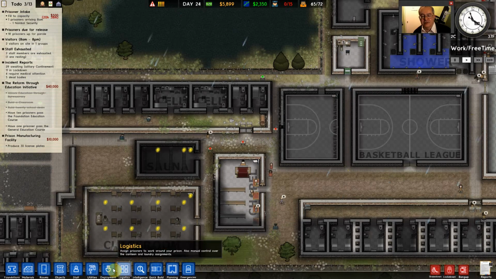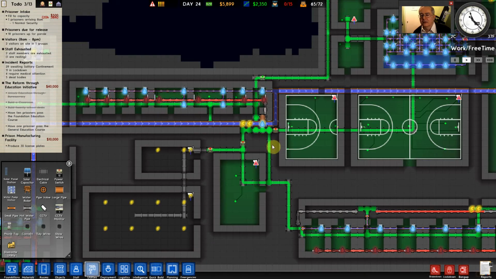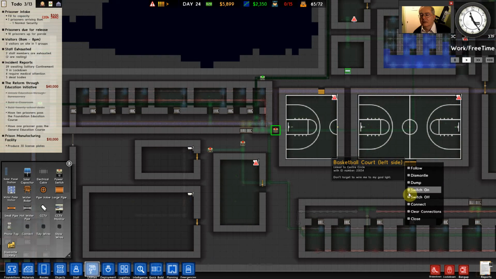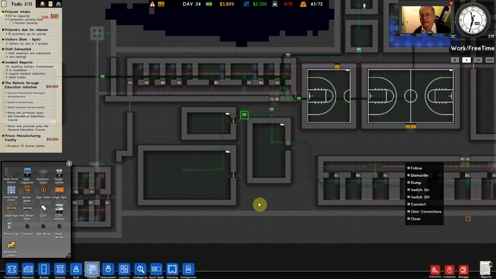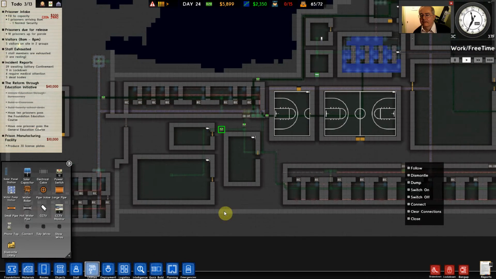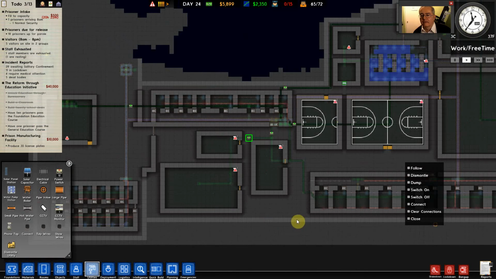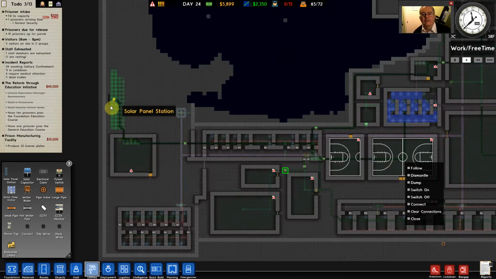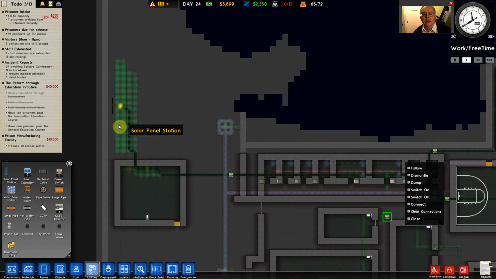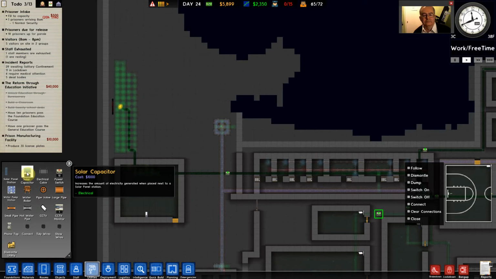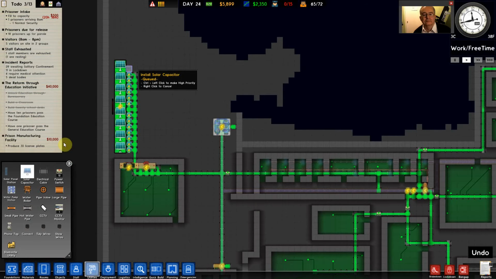These power switches, not apparently doing anything. Capacity.